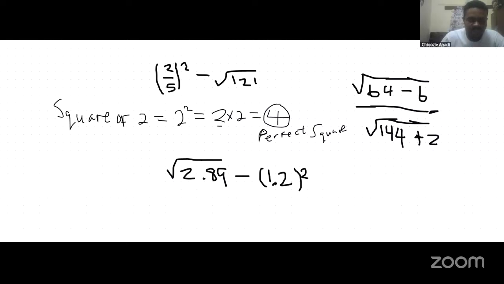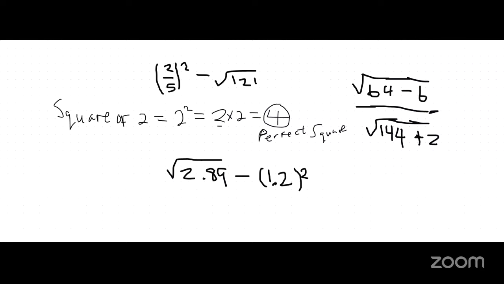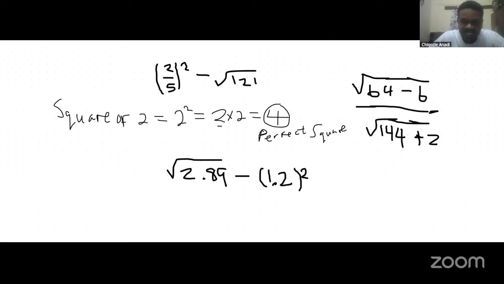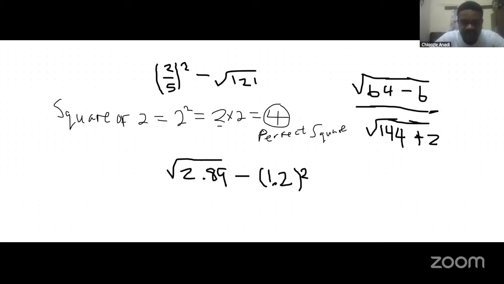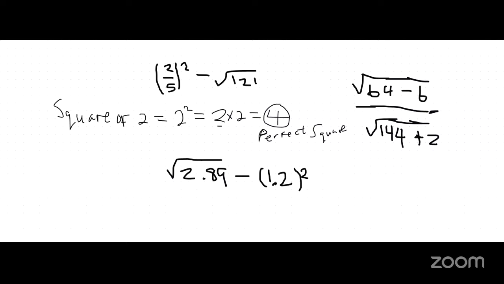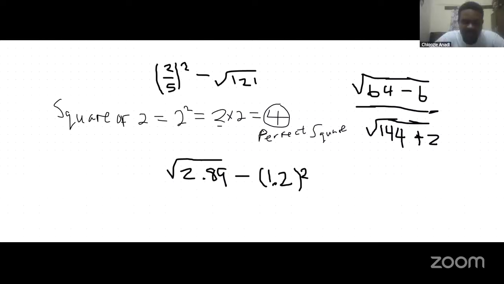Mention a perfect square ranging from 1 to 144. Wait, give me a second.